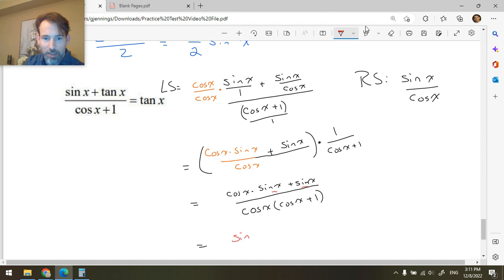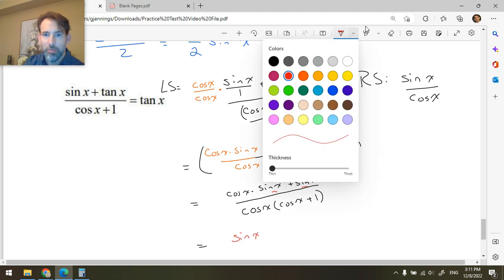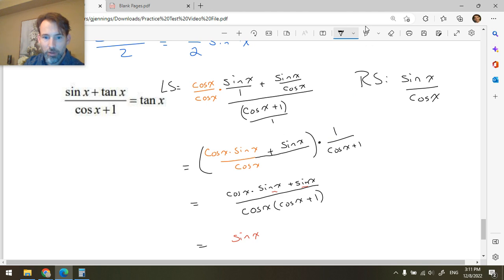Sine x multiplied by, well, in order to recreate that line, I need to multiply sine x by cosine of x. That would be this term here, plus 1. And then that would all be divided by cosine of x multiplied by cosine of x plus 1.